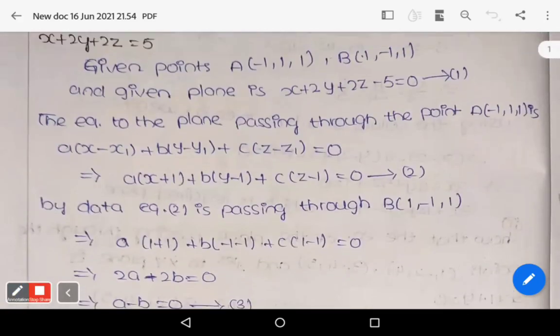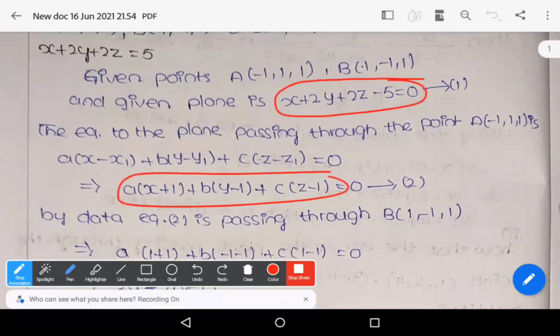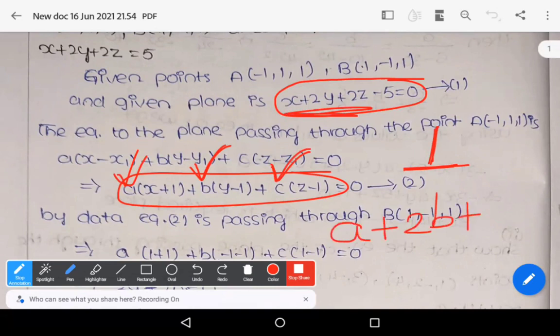You can write this condition directly. If these two planes are perpendicular, the direction ratios are a, b, c. Replacing x, y, z by a, b, c, we get a + 2b + 2c = 0.